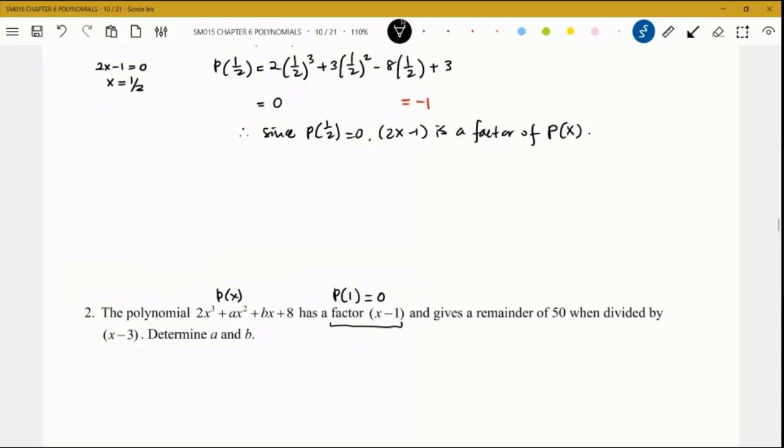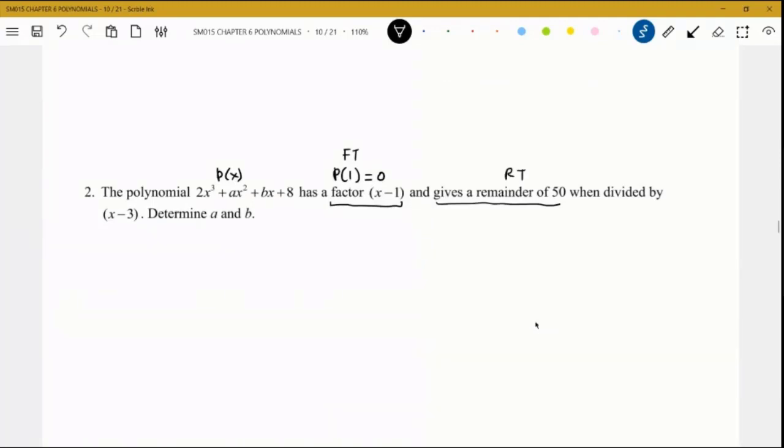And then it gives a remainder of 50 when divided by x minus 3. This is the remainder theorem, and that one is the factor theorem. Since we have to determine two variables, you have to come up with two pieces of information, first from this one, second from that one.